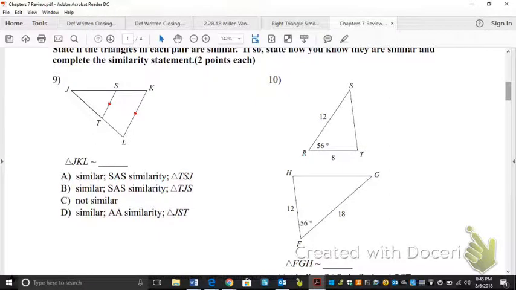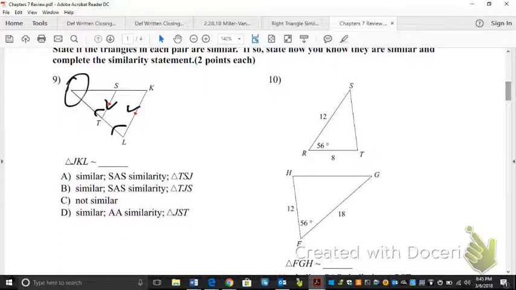Okay? 9, we have 2 parallel lines. And that means that angle T right there and angle, so it's JTS and JLK, are going to be congruent because they're corresponding angles. Remember, whenever we have 2 parallel lines, in this case ST and KL, that are crossed by a transversal, JL, the corresponding angles are going to be congruent.